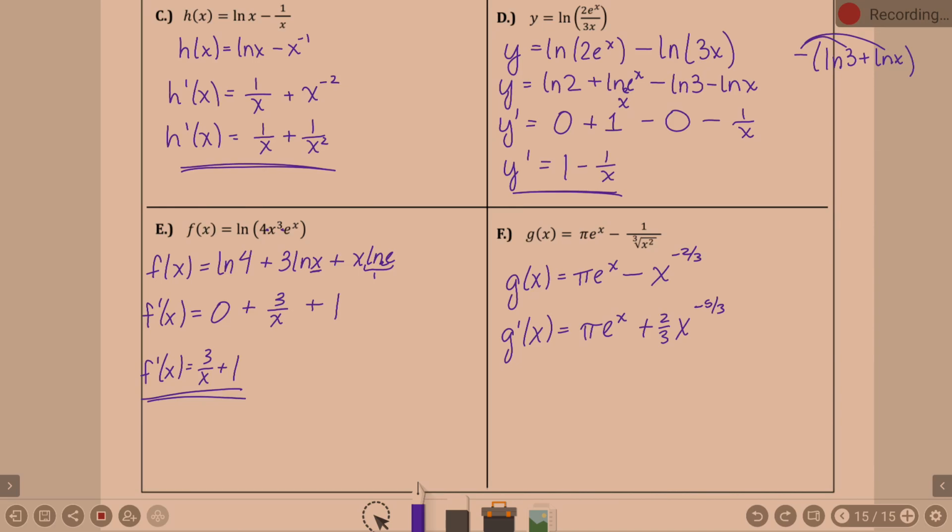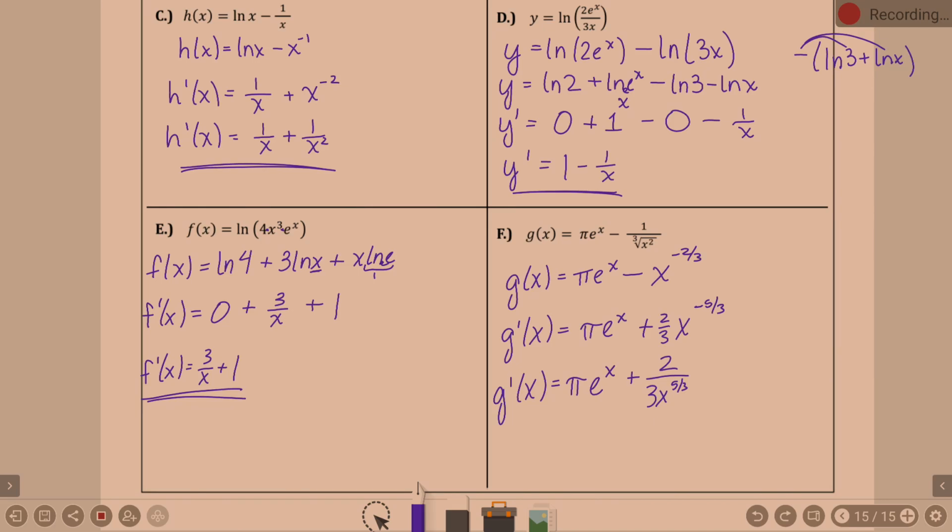Negative 2/3 minus 3/3 is negative 5/3. Clean up. Pi e to the x plus 2 over 3x to the 5/3.